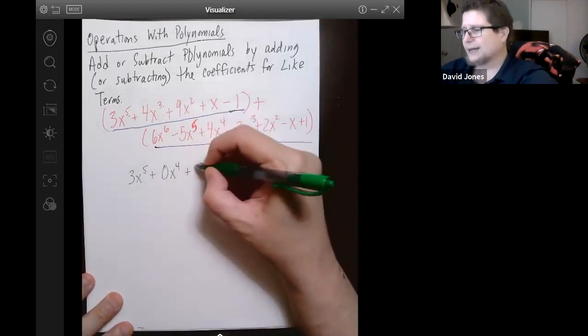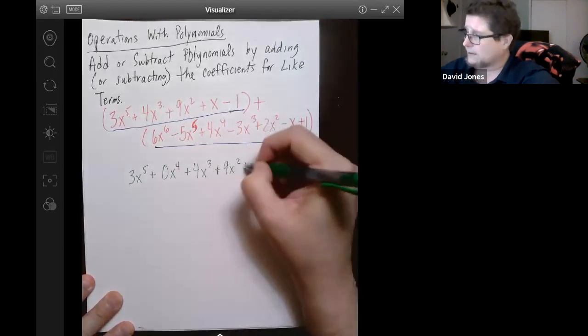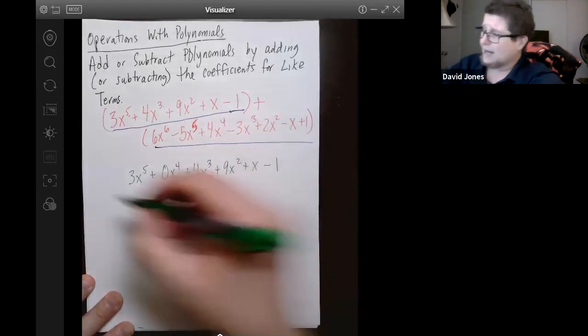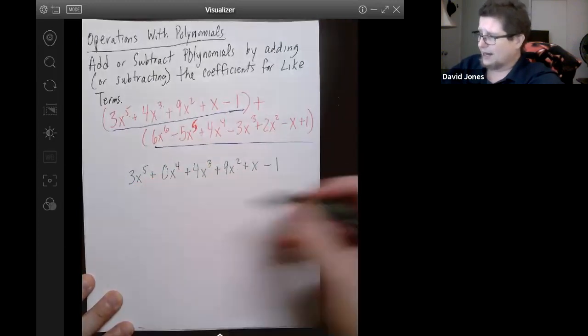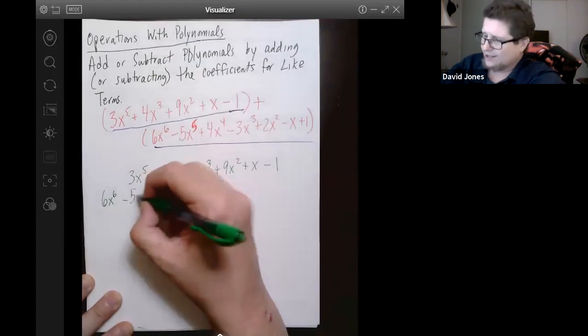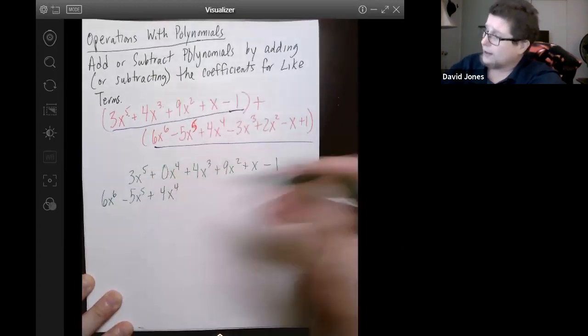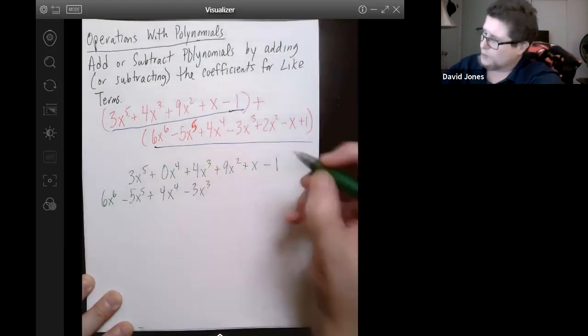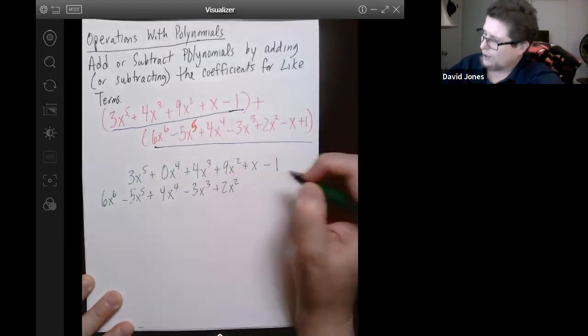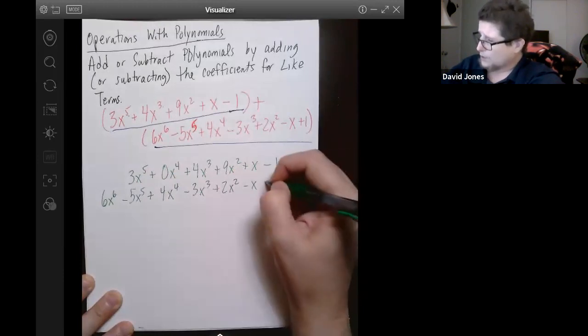And hopefully it makes sense in a second. And then I've got 6x to the 6th minus 5x to the 5th plus 4x to the 4th minus 3x cubed plus 2x squared minus x plus 1.